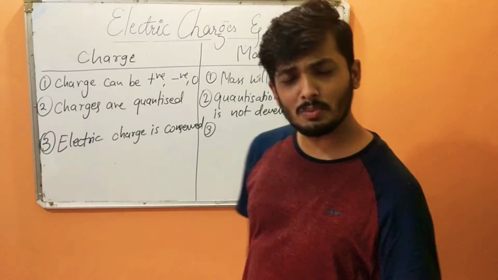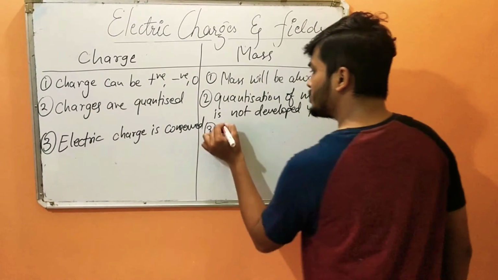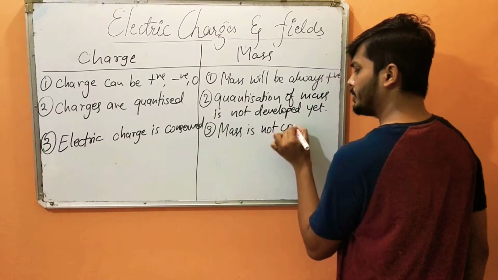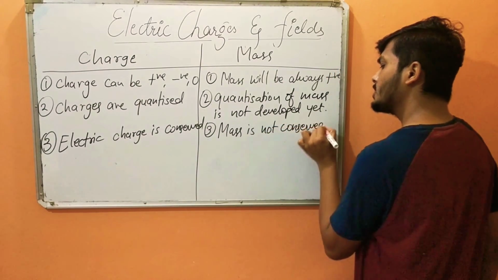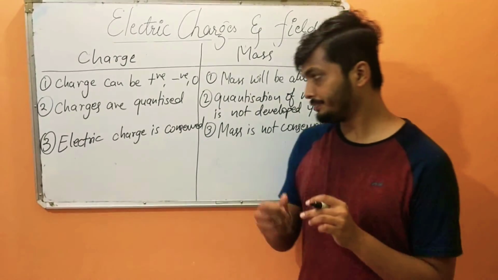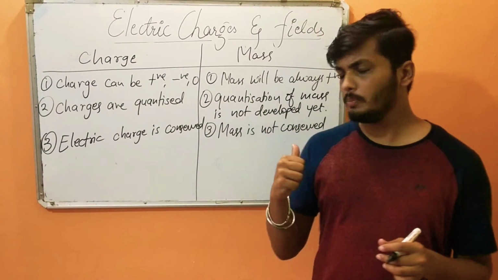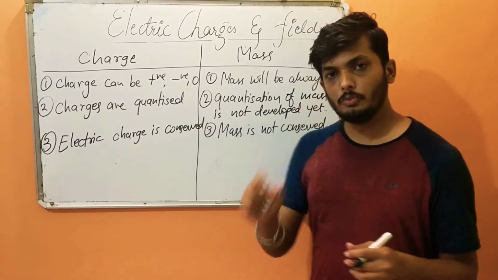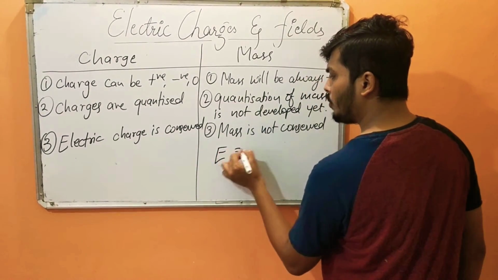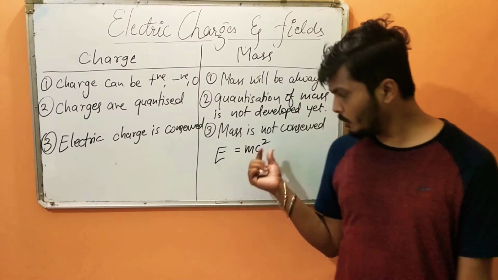But what about the mass? Is mass a conserved quantity? Are you sure? Mass is not conserved. Remember, mass is not conserved. Now how? If you know Einstein's mass energy relation, it is a very famous equation in physics: E is equal to mc square.